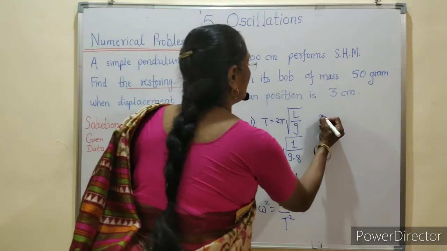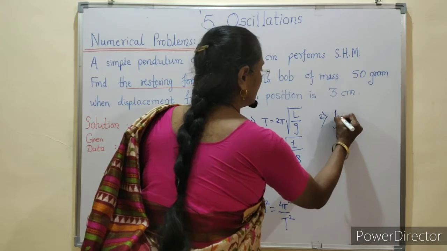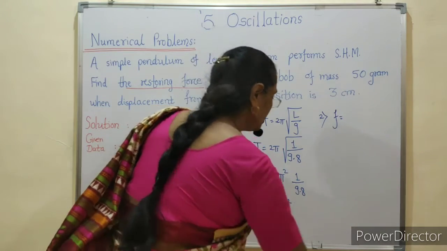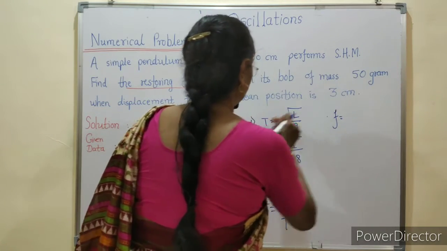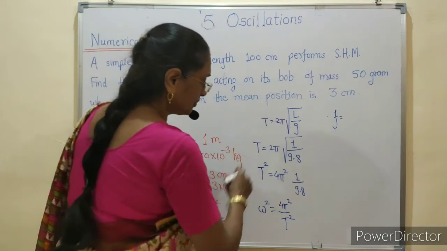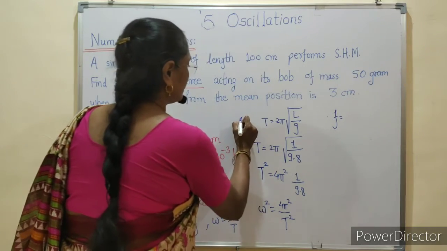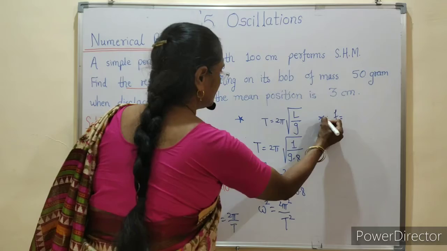So the next step of the problem is F is equal to M omega square X. It is not a second question, the same question is there, but steps are different. Here this is the first step, this one is the second.